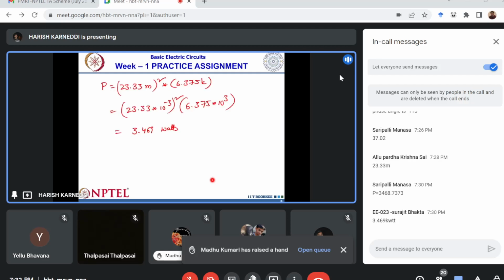It is 10 power minus 3 whole square, so 23.33 whole square into 10 power minus 6, and 6.375 into 10 power 3.